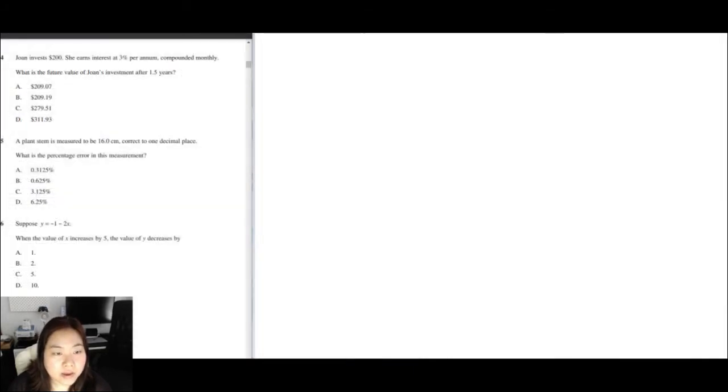Yes. 5. A plant stem is measured to be 16 centimeters, correct to 1 decimal place. Oh, 16.0 centimeters. Okay. What is the percentage error in this measurement? The percentage error would be 0.05 centimeters.